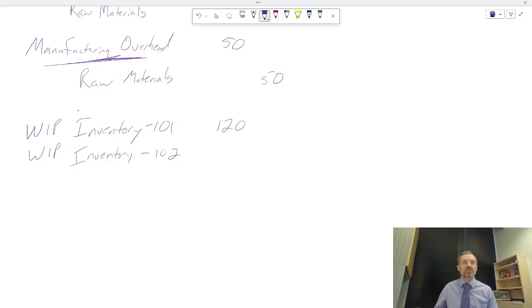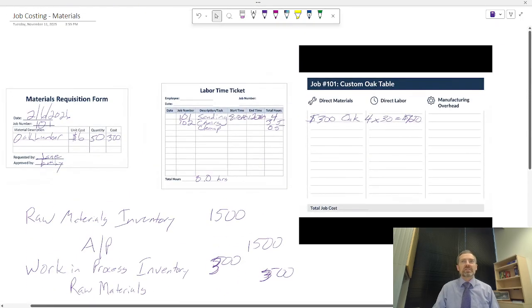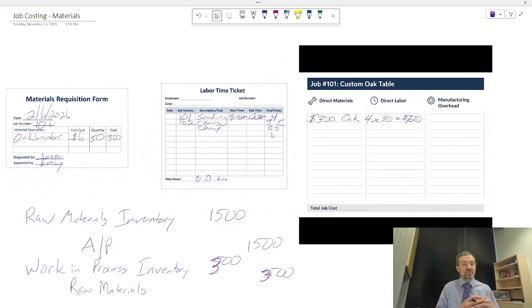So we had $120 and $105 for the 3.5 hours. And well, remember that Jane also worked on cleanup. We couldn't trace that to a particular job because both job 101 and 102 contributed to the mess in the workshop. So we can't trace Jane's cleanup just to one of those jobs.